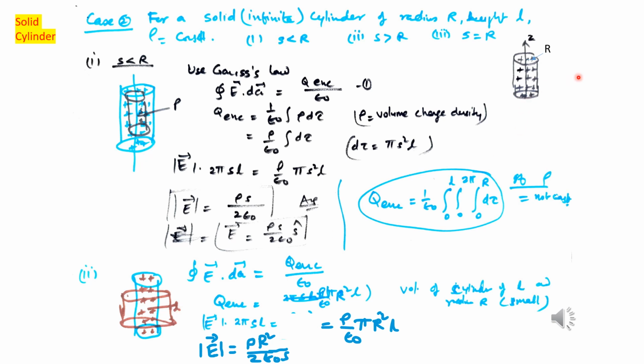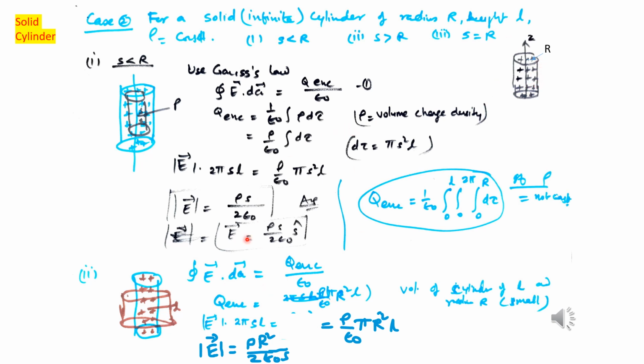Similarly, if the point P is outside of this cylinder, first draw the coaxial cylinder with the given cylinder, and now we again have to use the Gauss law. E dot dA surface integral equal to q enclosed by epsilon naught. In this case, the total charge enclosed inside this Gaussian surface is the total charge on this cylinder.